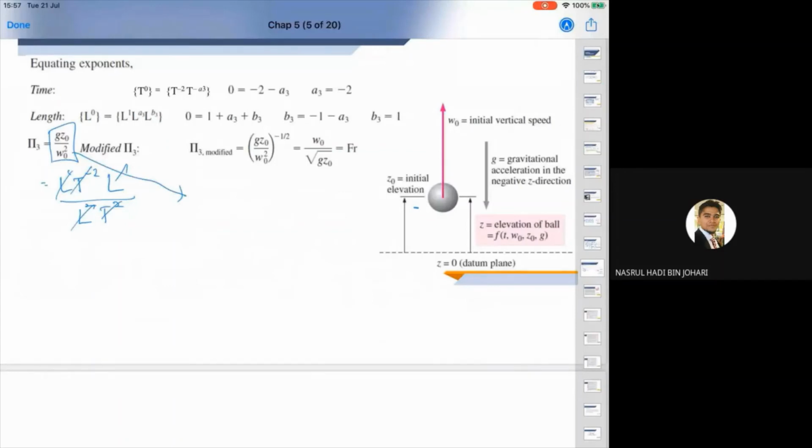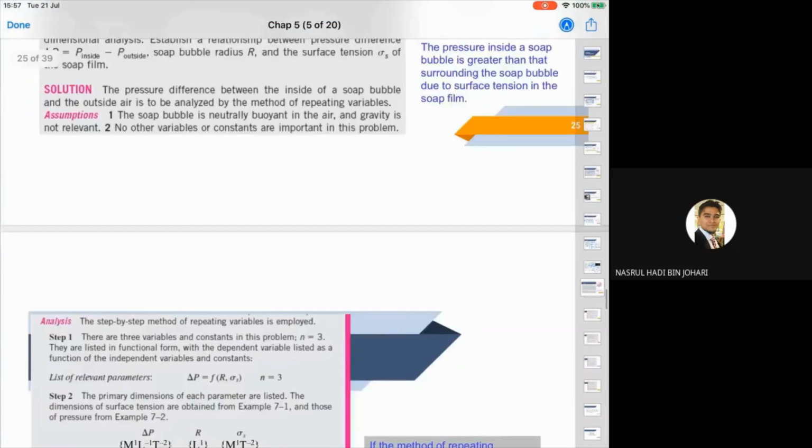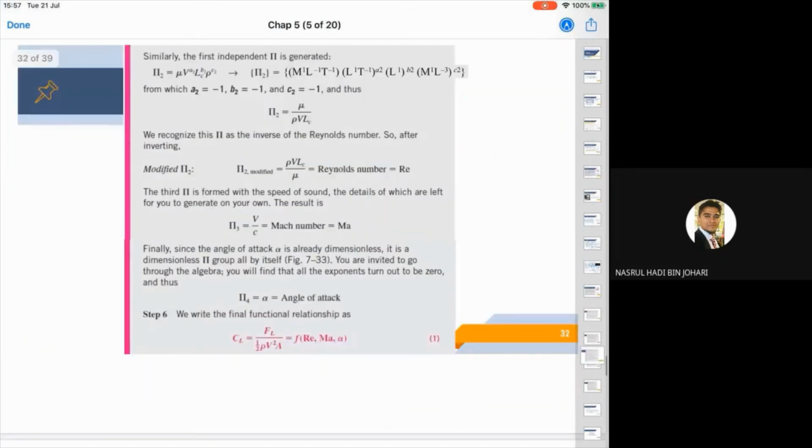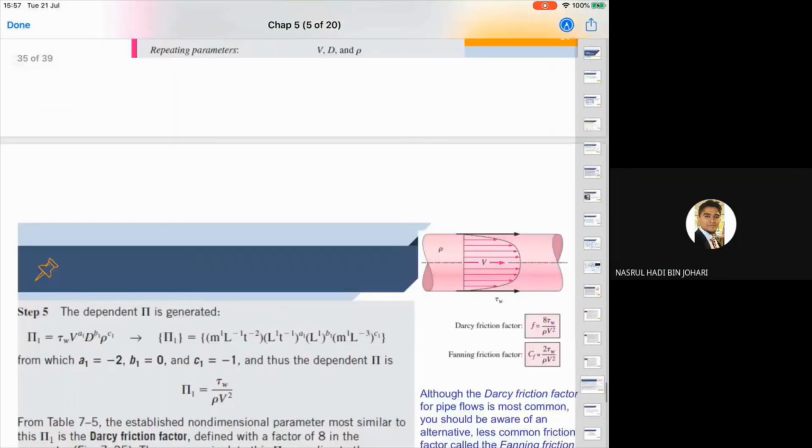What does it mean by modify? Modify means that we have to get any closest terms that can be included in the analysis. Do we have it in the, where is the, wait 1 second.